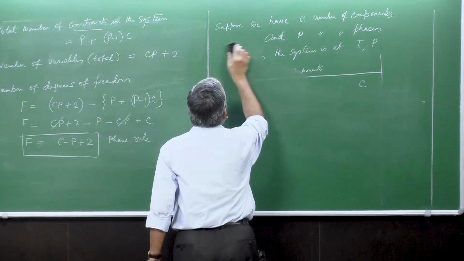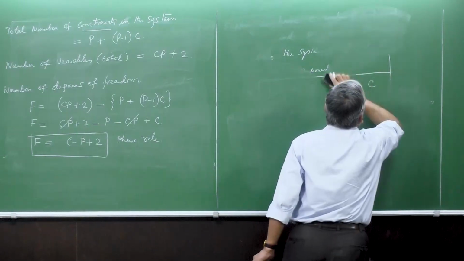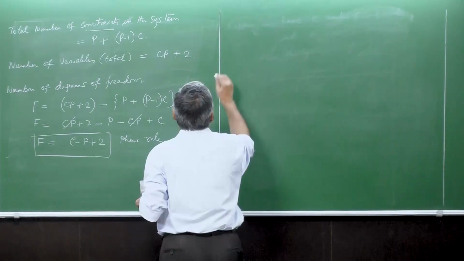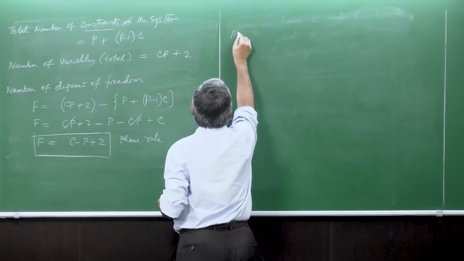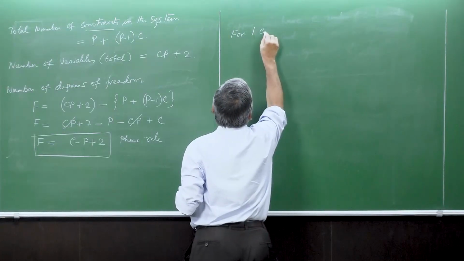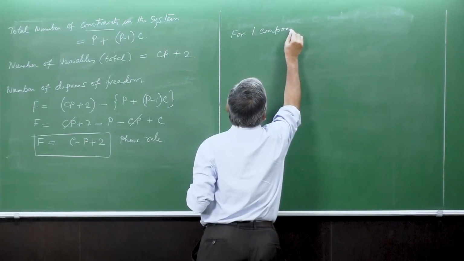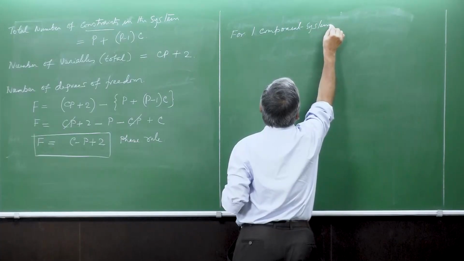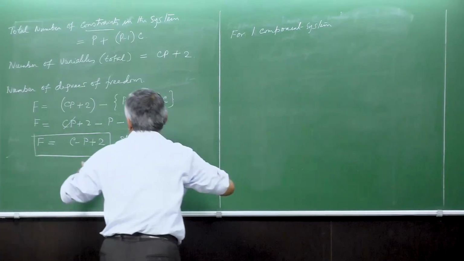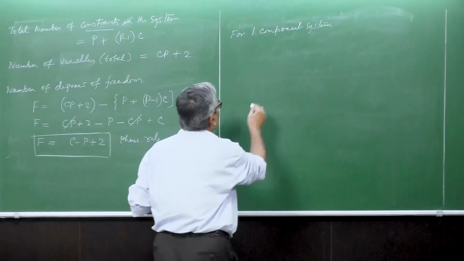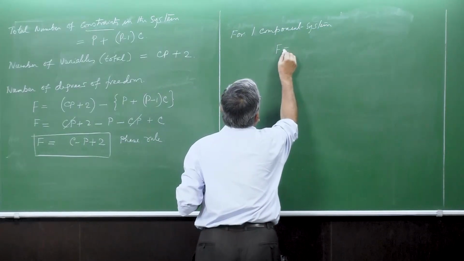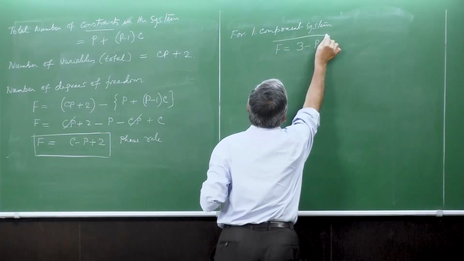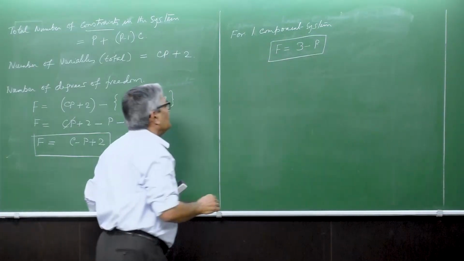And now we check it for the cases that we already discussed. Say in the case of a one component system, this reduces to F equal to 3 minus P. So this becomes more simple.